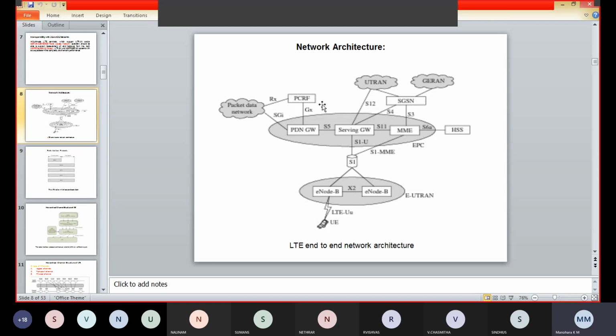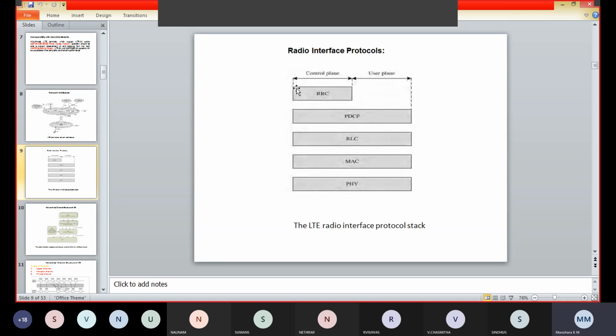So this is about the network architecture. Next we have radio interface protocols.